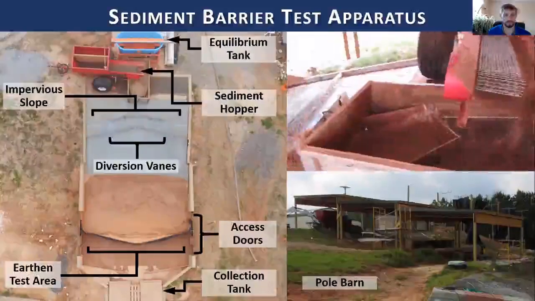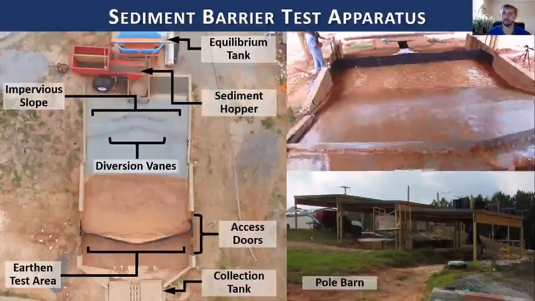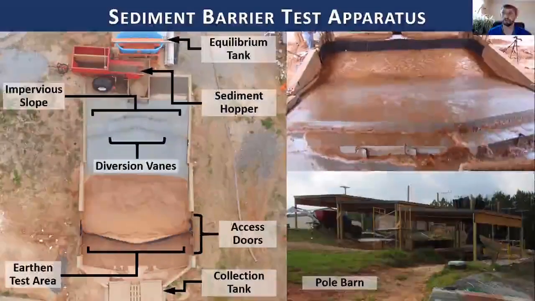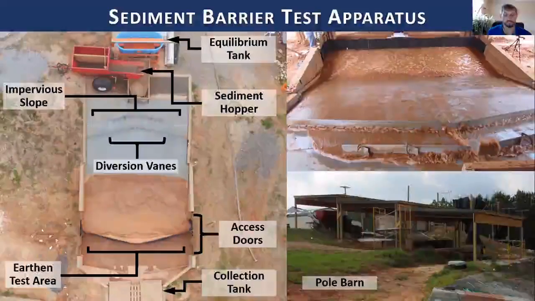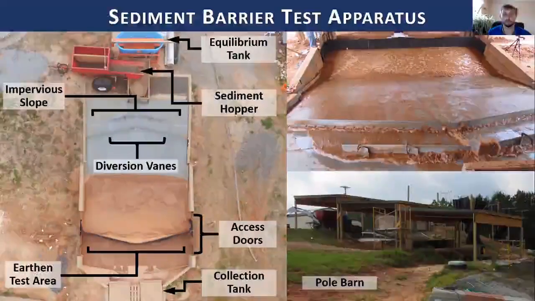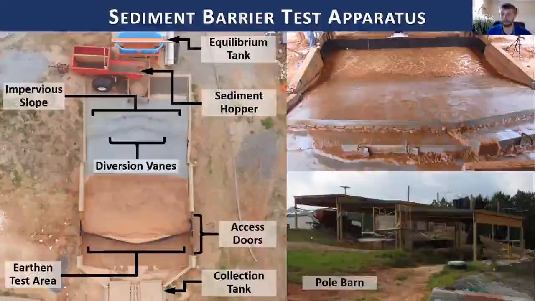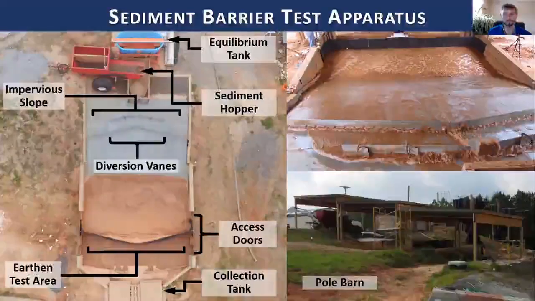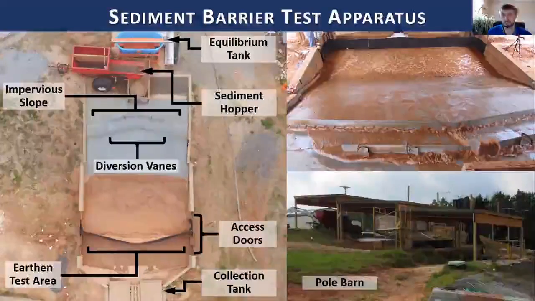And then down in the earthen test area, we can install a full-length, full-scale sediment barrier so we can evaluate not only the material, but the way it is installed as well. And then we have a collection tank downstream where we can collect flow and monitor flow rates through this particular setup. Most recently, we installed pole barns over the entire testing apparatus so that when we're doing these full-scale tests and a natural rain event occurs, it doesn't mess up our test data.